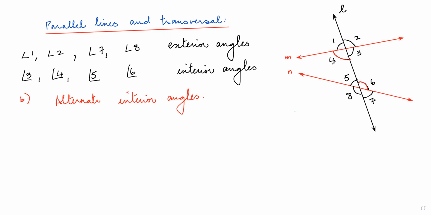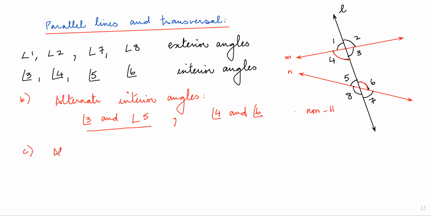Interestingly, students, they are also not equal in case of two lines M and N which are non-parallel. Right? Now, the second pair of alternate interior angles is angle 3 and anyone? Angle 5. Correct. Angle 3 and angle 5, one pair, and angle 4 and angle 6 is the second pair of alternate interior angles.